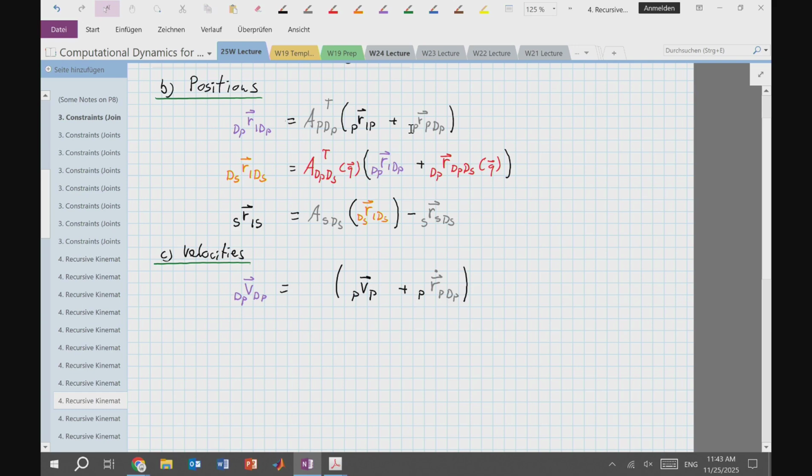The location of my coordinate system is given in predecessor coordinates. And then we see all that is missing is my A dp transformation. This should be gray.